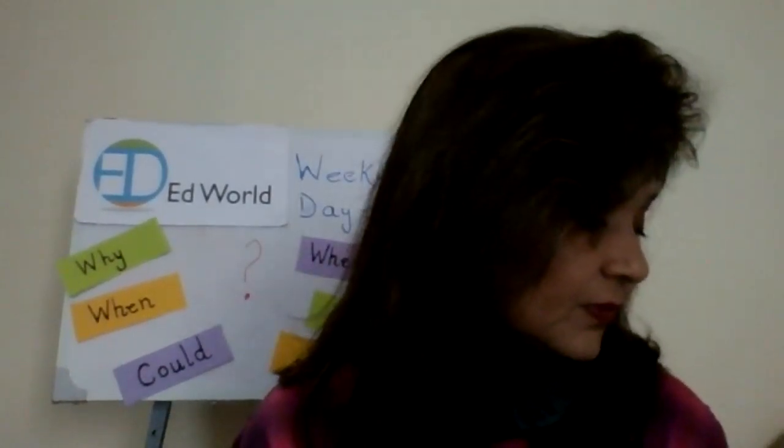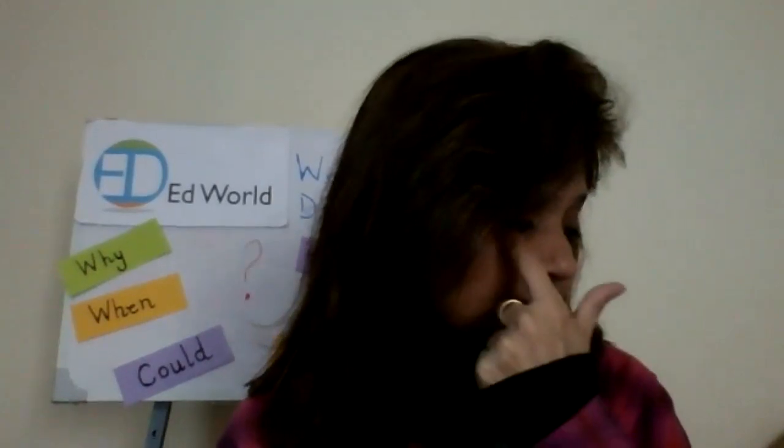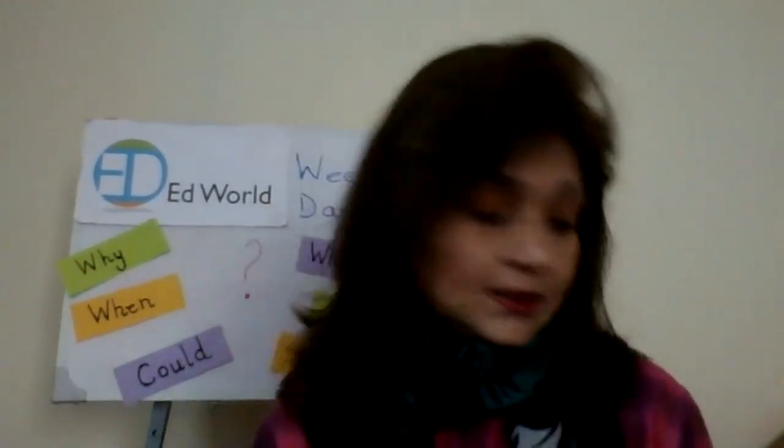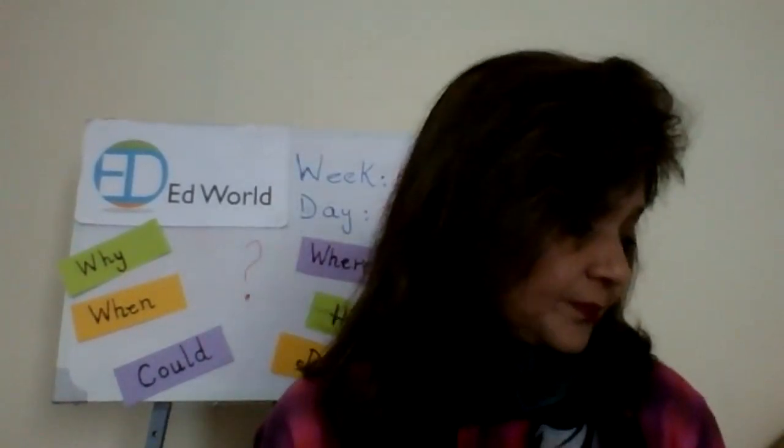Or you can also ask why the snow is of white color, why the sun is not shining right now. Or you can say why it is so windy today. All right. So these are the different questions that you can ask with these pictures.